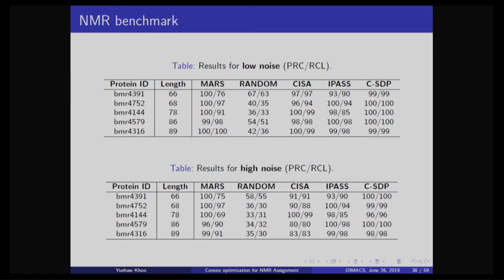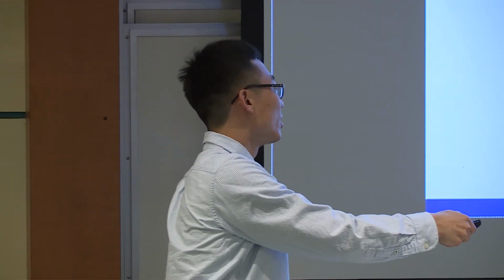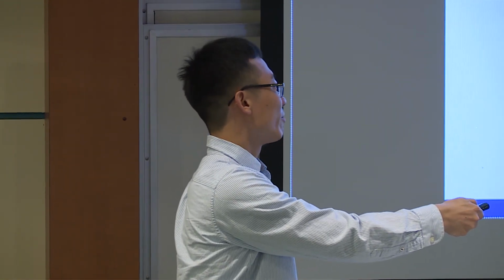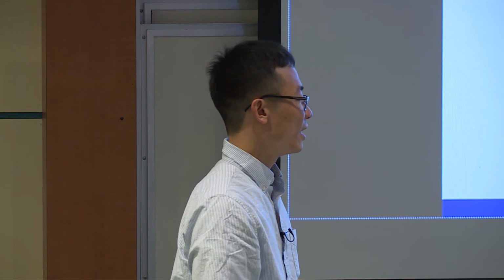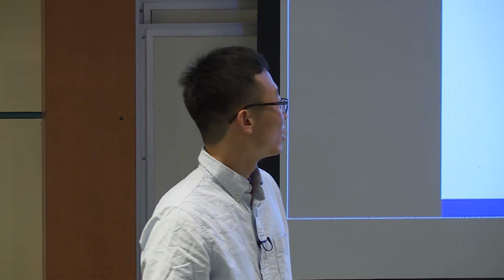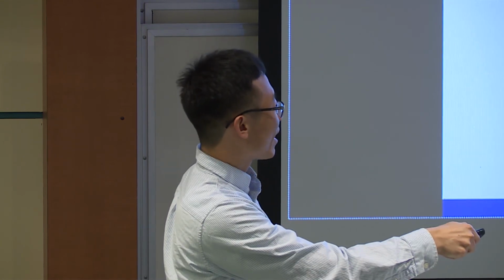What do the pair of numbers mean? On the left-hand side we have precision. Essentially, it is the correct assignments divided by the number assigned. All these 4 algorithms don't assign everything. If they feel some spin systems are too unreliable, they won't even assign them. So not all the spin systems are actually assigned.